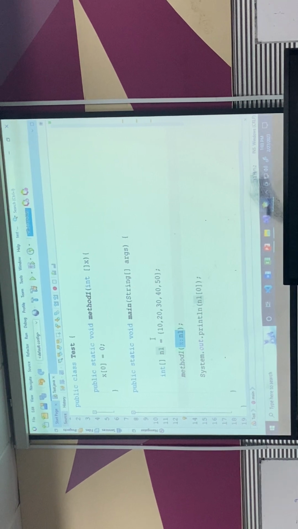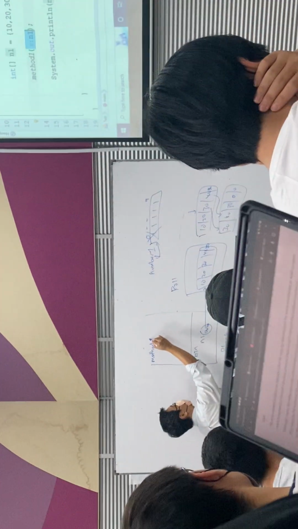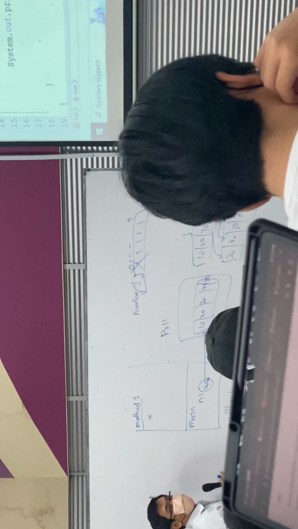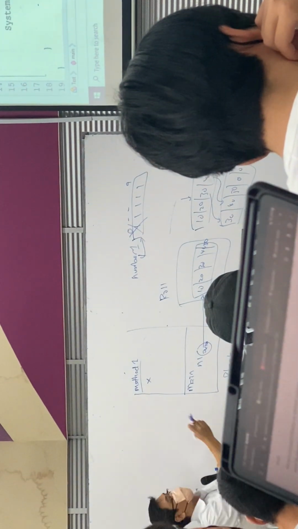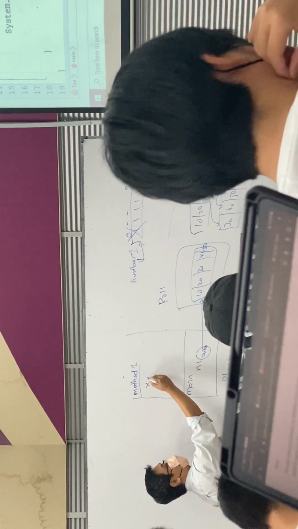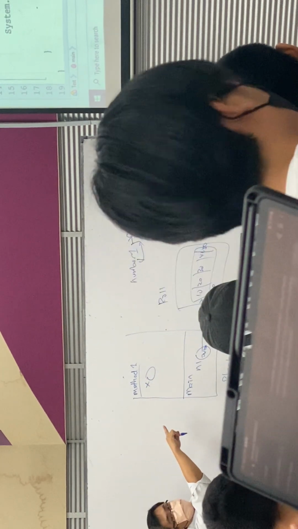Now you come back to this part. You say passing n1. What is the value inside n1? You have another method now, method number 1. Inside method number 1, you have one pointer called x. See that? Now this is the pointer x. What is the value stored inside it?